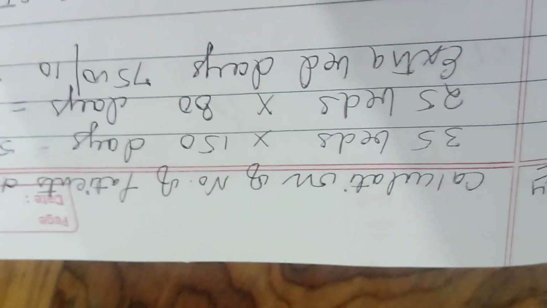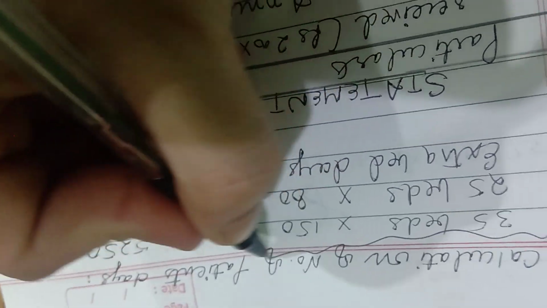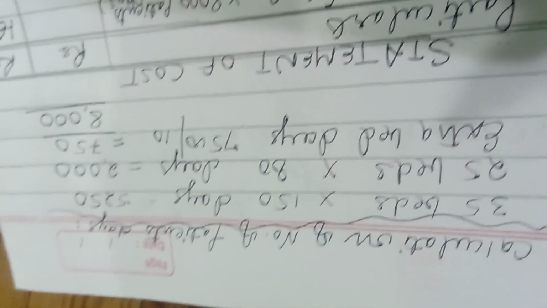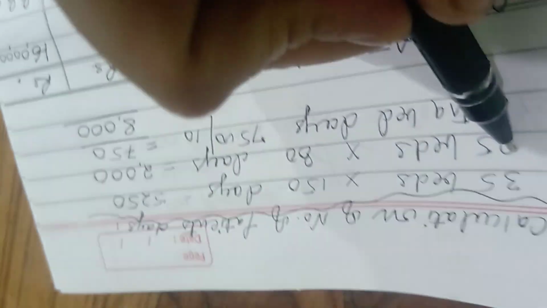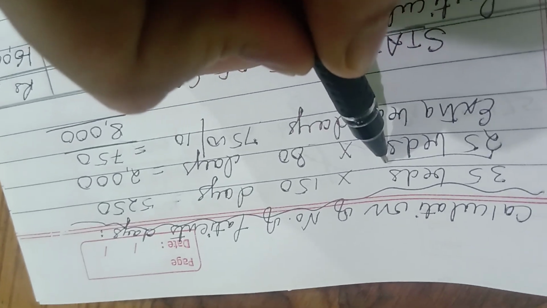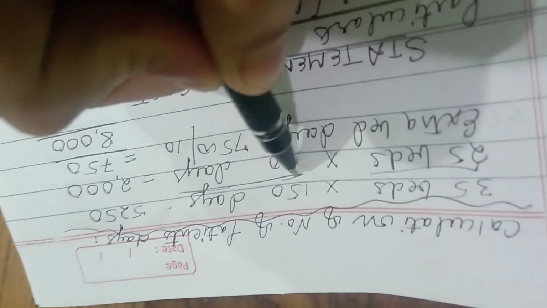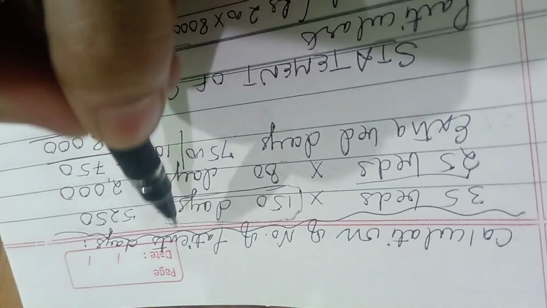In operating costing, in the case of hospital costing, first of all, let us calculate the number of patient days, as we did in our hotel costing also. We calculate the number of customers per day. The capacity is 35 beds, and out of 365 days, the full capacity was for 150 days.